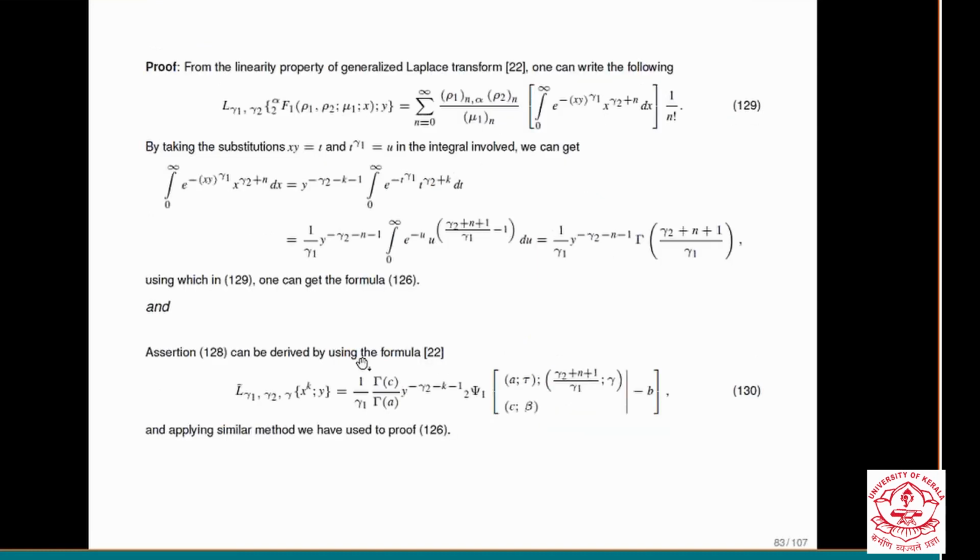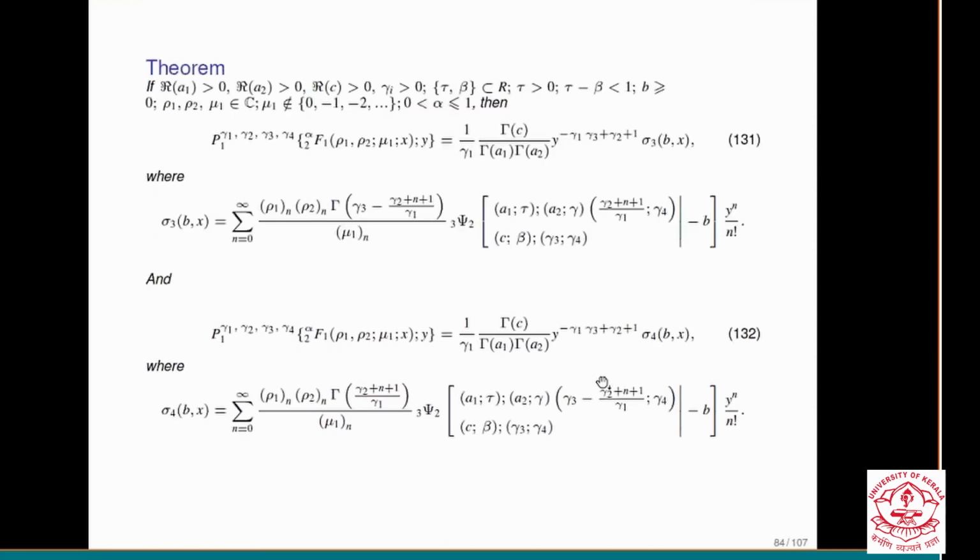So here also some generalized transformation. This is some proof of this result, 129, 130 like this. Now this is the next theorem. One theorem is in the form of 131 with all this condition. This is 131, where sigma 3 of x is defined by this.